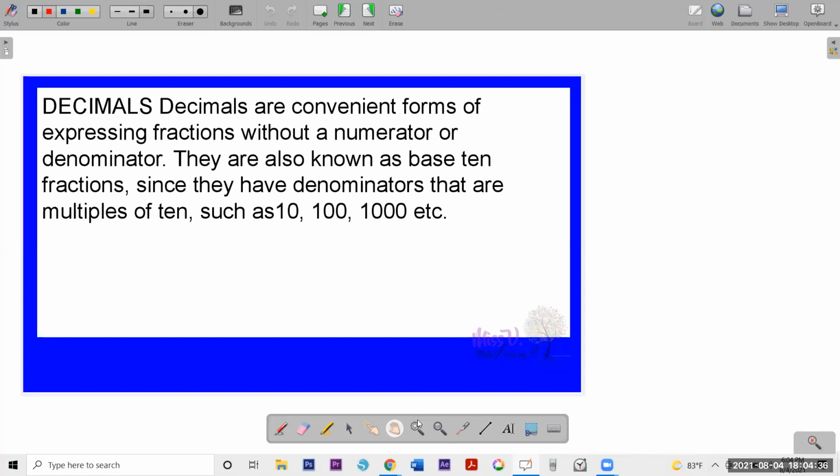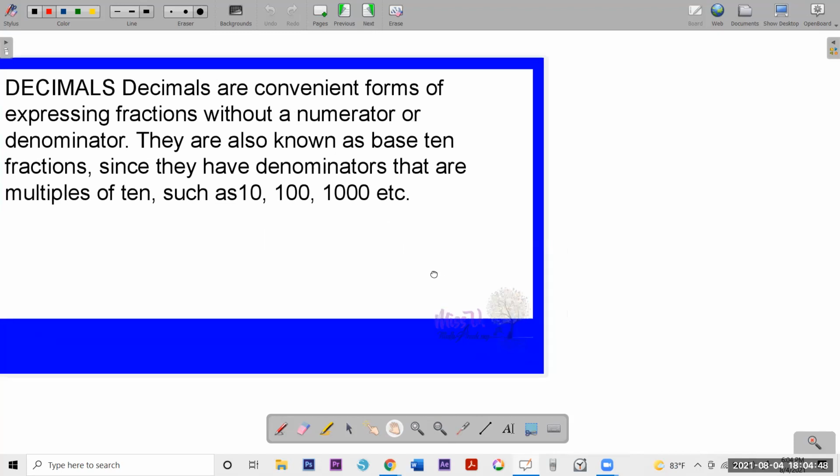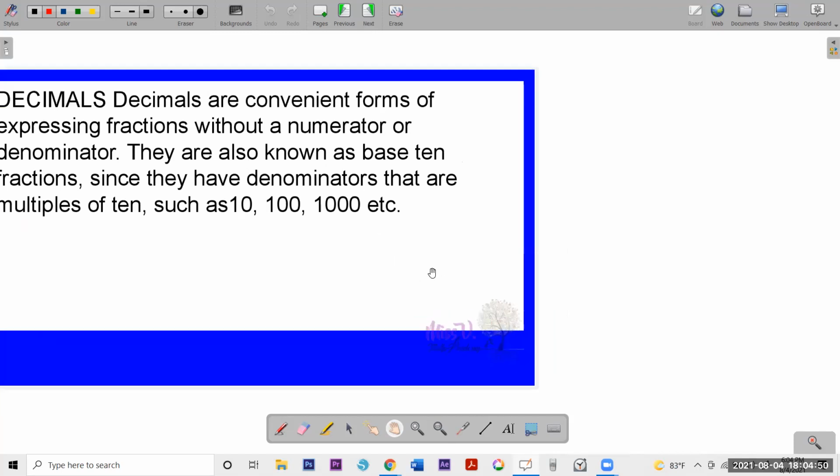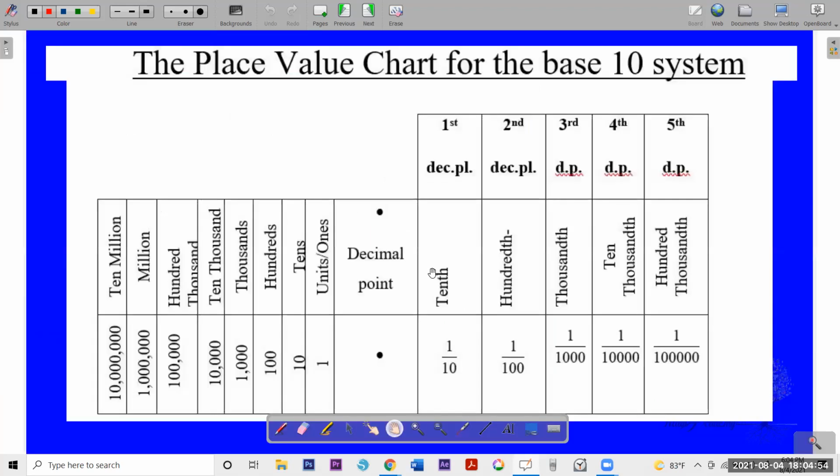We're going to kick it off using this. Here we have something called a place value chart. One thing I need you to take notice of, this is very important.